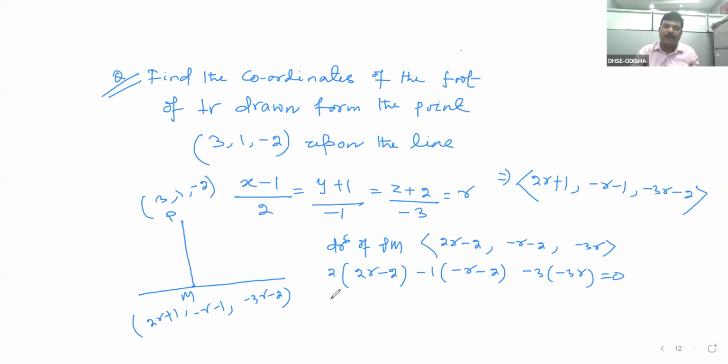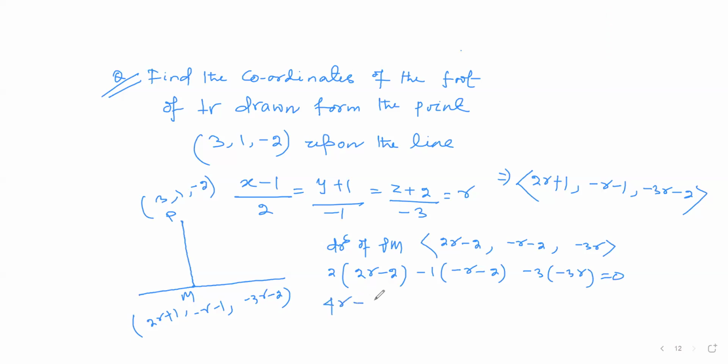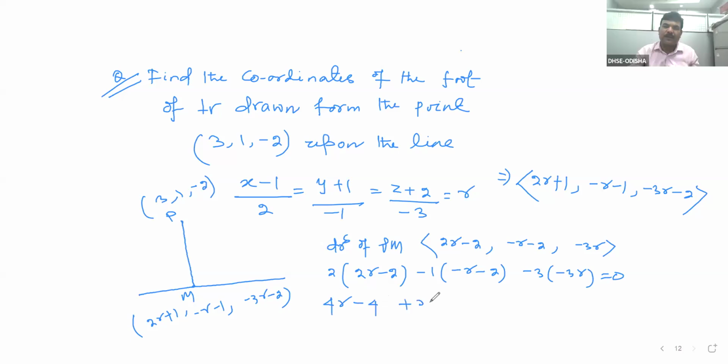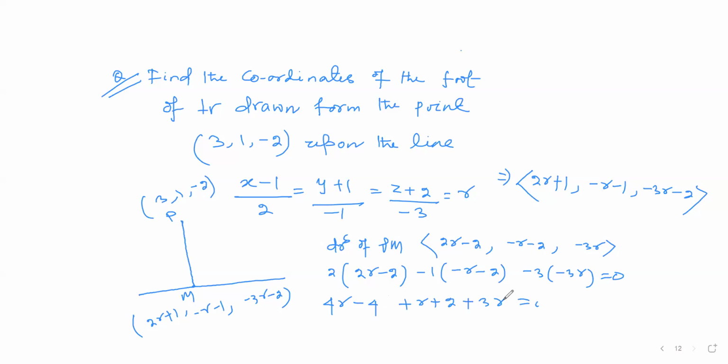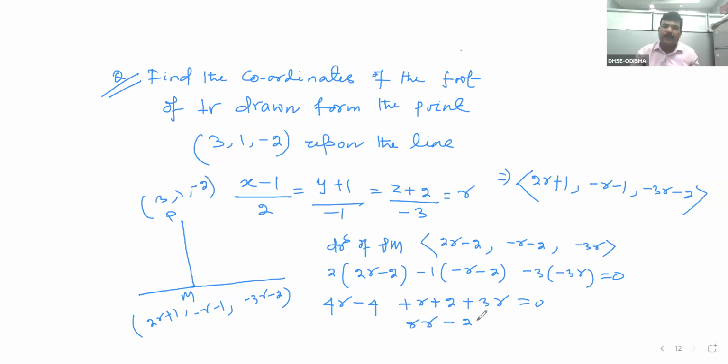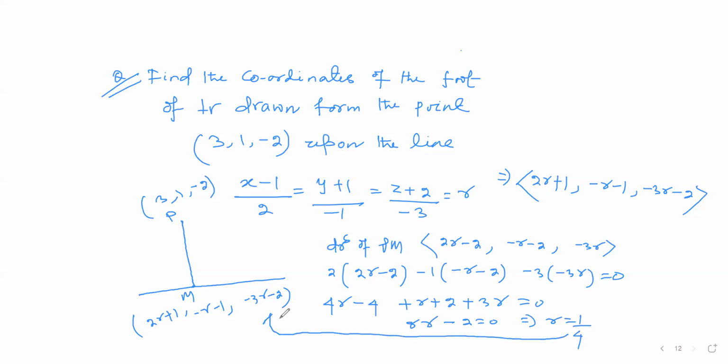So 4r-4+r+2+3r=0. 4r+3r is 7r, plus r is 8r. 8r-4+2, that is 8r-2=0, which implies r = 2/8, that is 1/4. Now substitute the value of r here to get the coordinates of the foot of the perpendicular.